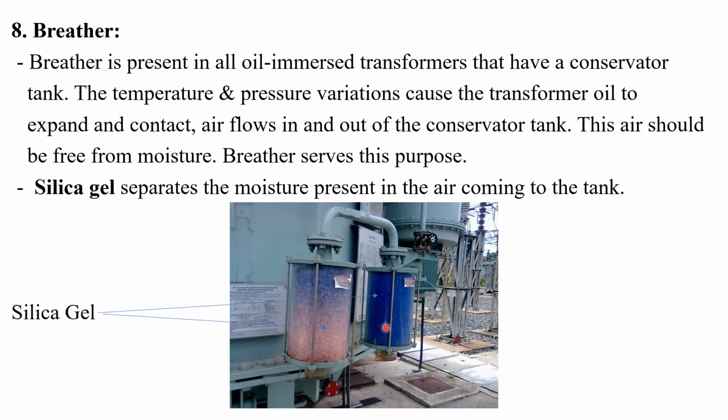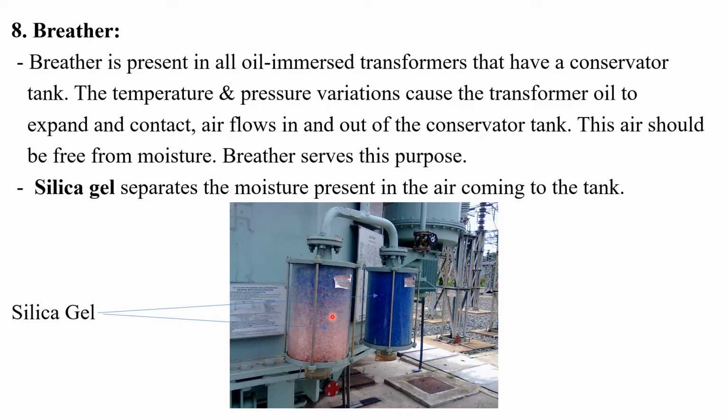During that time, due to the change in pressure inside the transformer oil, air flow will take place into the transformer main tank through a part, that is breather. So breather will act as a path for the flow of air into the transformer tank and from the transformer tank to the environment. We know that in the environment some moisture will be present.